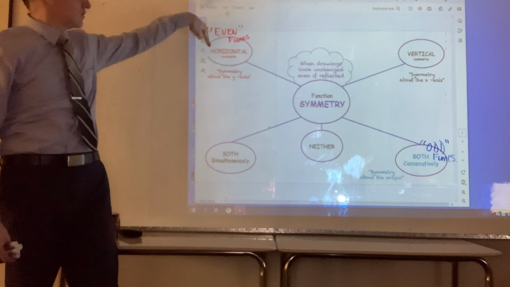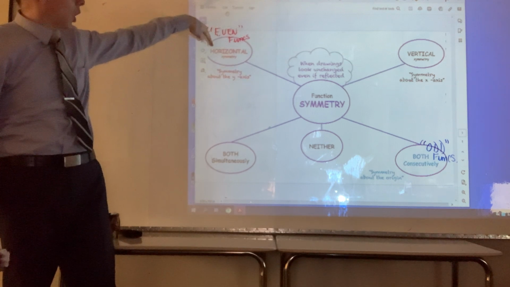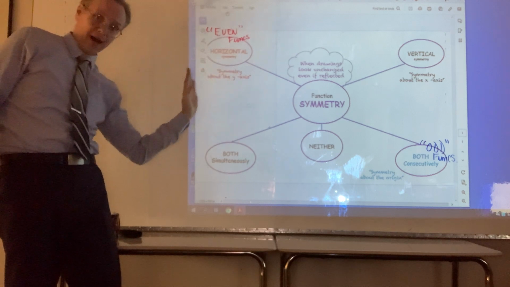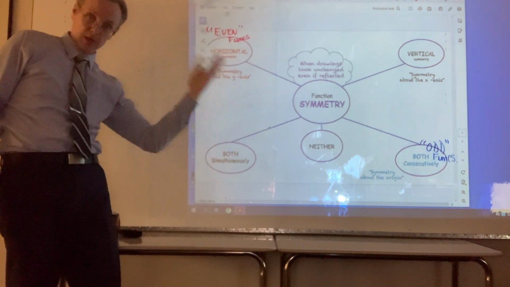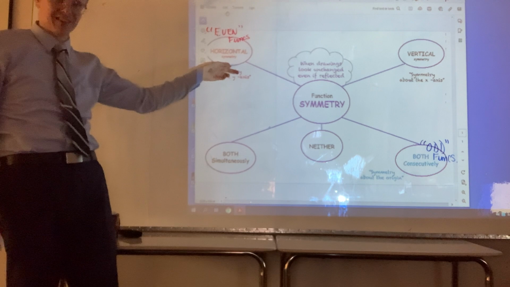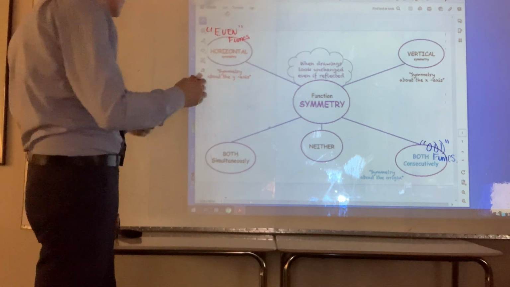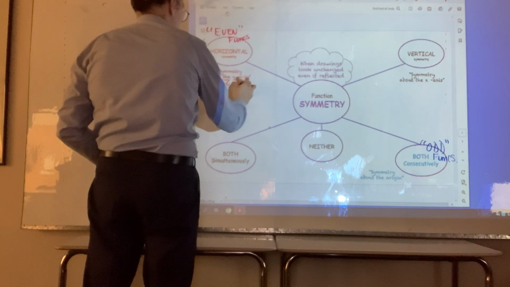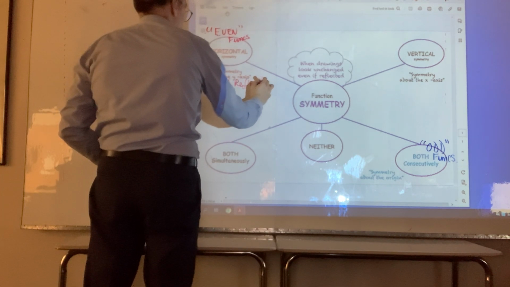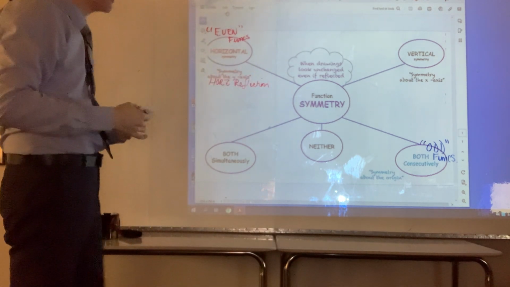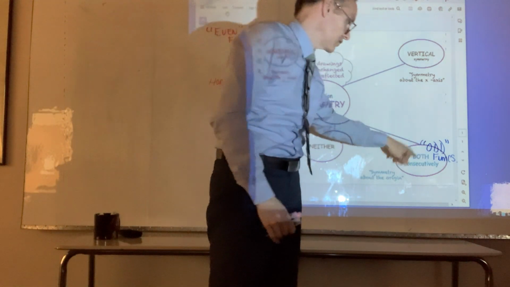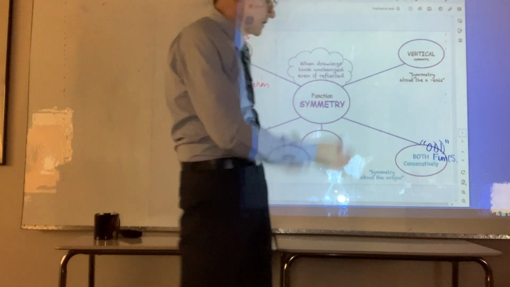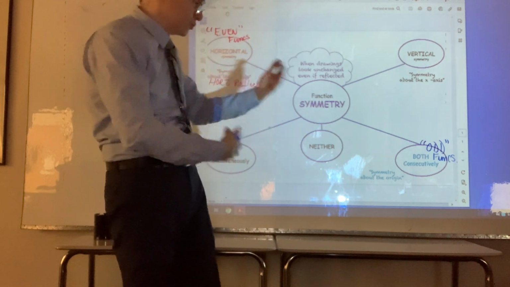Even functions exhibit this type of symmetry. Horizontal symmetry means when you have symmetry about the y-axis, when something is reflected about the y-axis, is horizontally reflected. Horizontal reflection. Odd functions are when you're reflecting in consecutive order, when something looks the same after you do two steps.